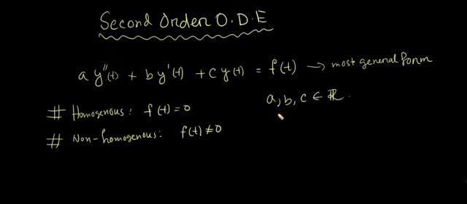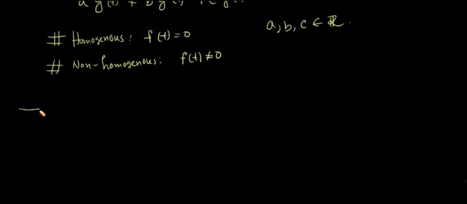But before we dive into how to solve second order ODEs, let's talk about some prerequisites. One of the key concepts is the Wronskian of some functions. So let me define the Wronskian for you. It's called W-R-O-N-S-K-I-A-N.